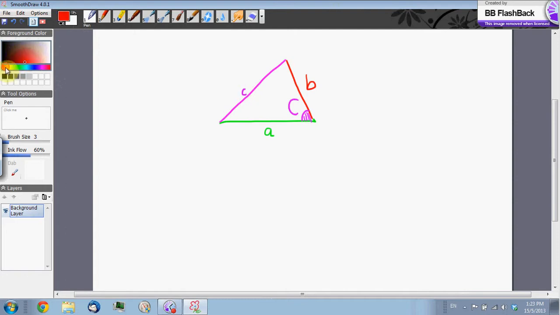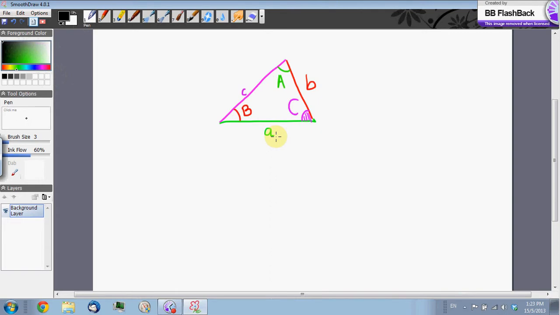And this angle will be B, and this angle will be A. So as you can see, we will name the angles on the opposite side of the length. They're going to be related.